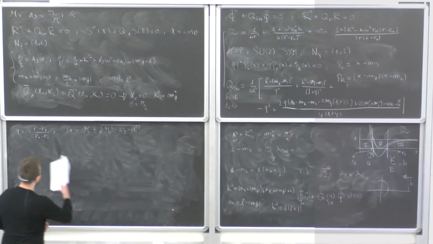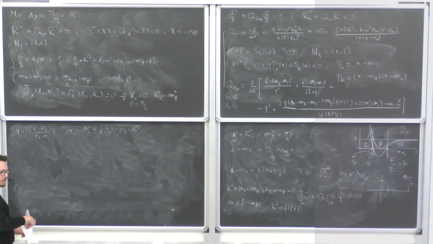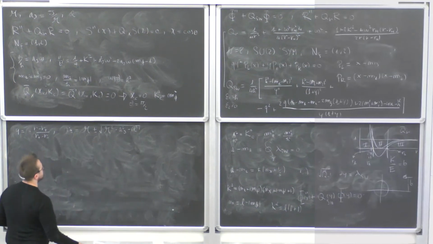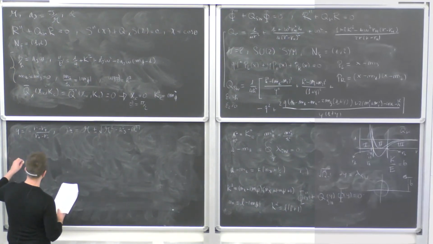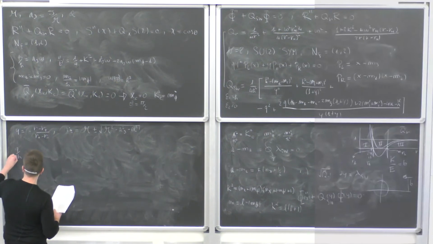If I perform this change of variables after bringing the differential equation for the scalar perturbation of the Kerr-Newman black hole into canonical form, I can find the following dictionary, again with N_f equal to 1, 2.